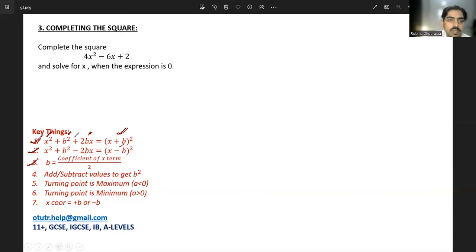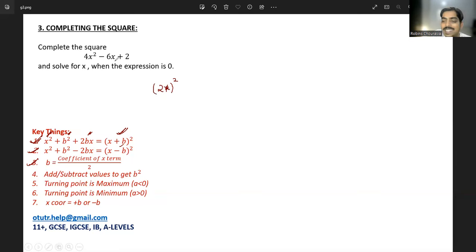4x square minus 6x plus 2. The 4x square is already there, so the x square term is already there. If we want to write that in square form, we can write (2x) whole square.